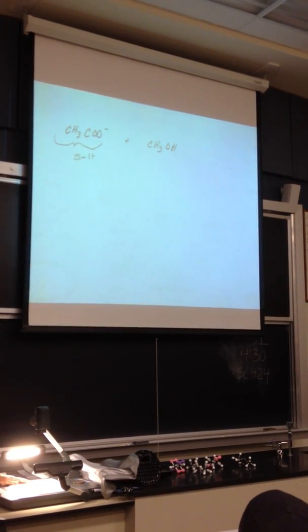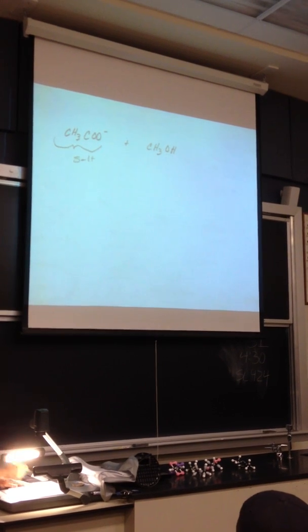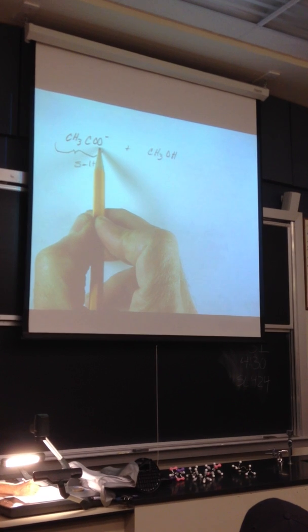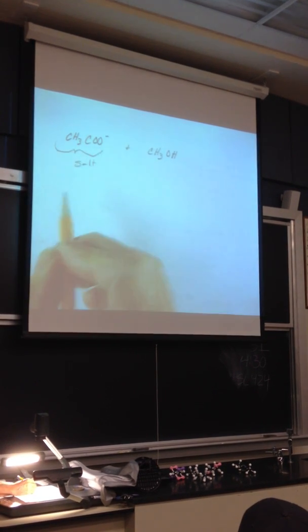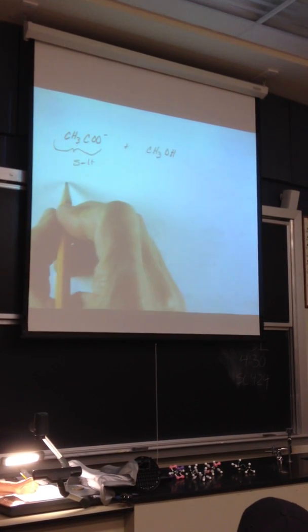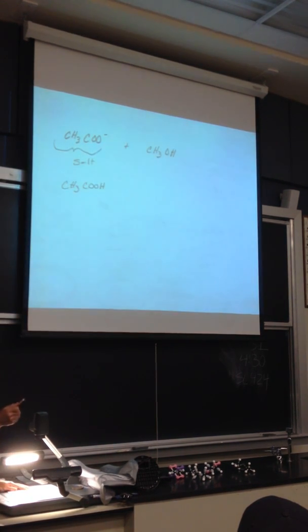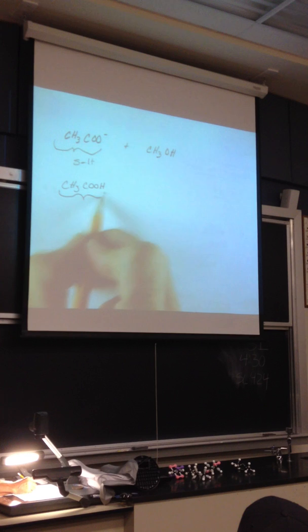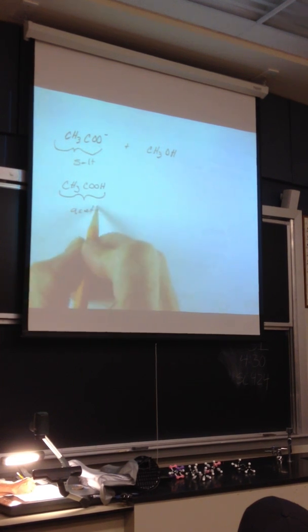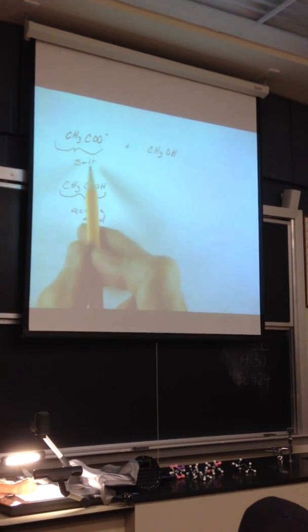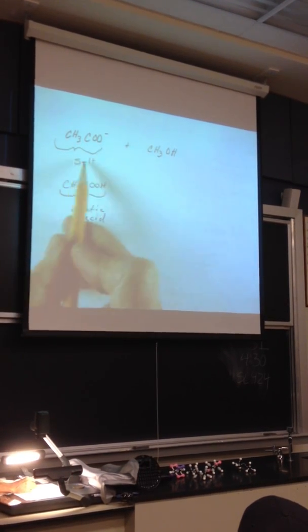Well, I'll scratch my head and say, where does this come from? The COO, what does it look like it should have been if I would have replaced the hydrogen here? CH3COOH, and you said that this looks like it's acetic acid, right? So this came from acetic acid, the species right here. But it looks like the conjugate base of acetic acid.